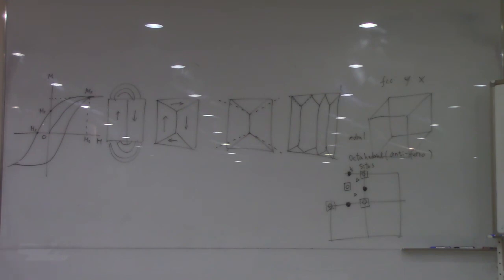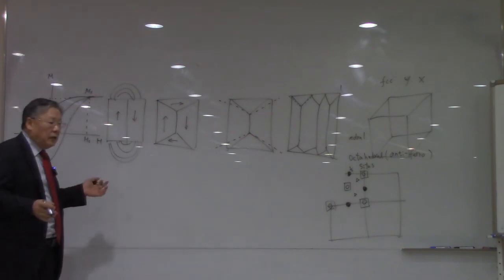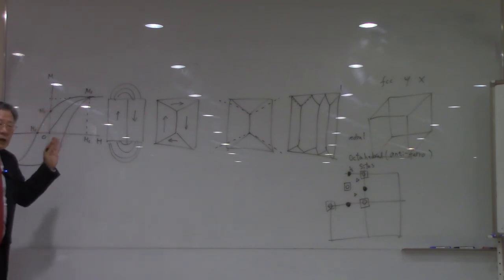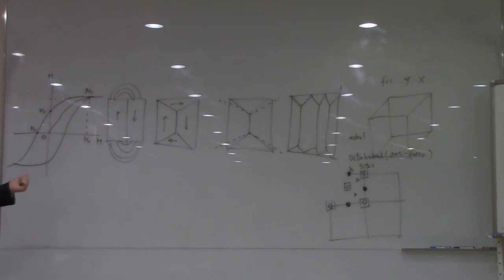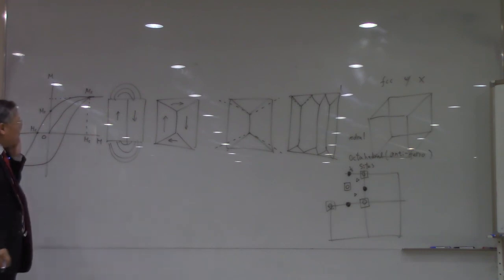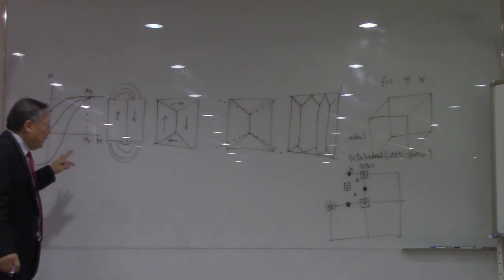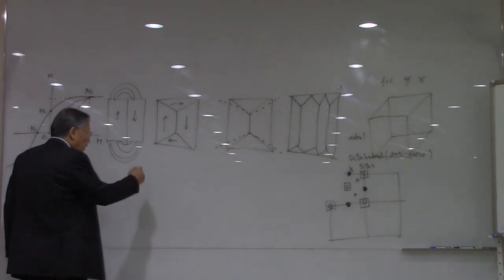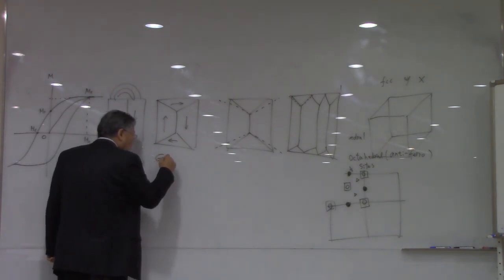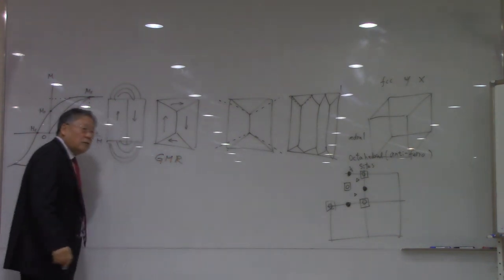As an application, we don't have to talk about the hard magnets and the soft magnets. That's all applications, and we don't really have to know the basic fundamental reason for that phenomenon. But as an application, recently we have studied the GMR, giant magnetoresistance.